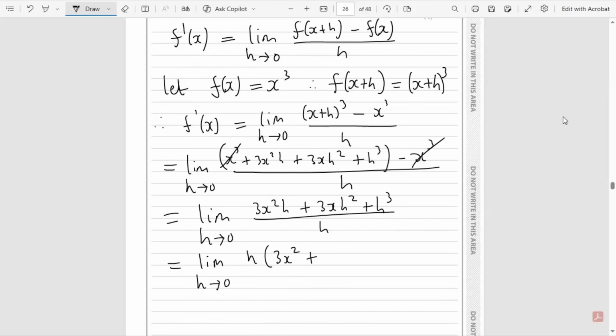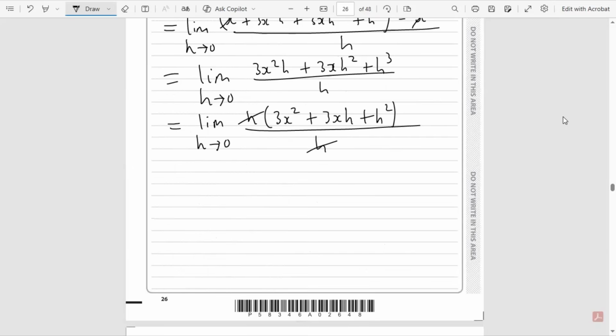So in the brackets, 3x squared plus 3xh plus h squared, close brackets, and then divide by h. And now we can cancel out the h there and there. Now then, we can write that this is the limit as h goes to 0 of 3x squared plus 3xh plus h squared, like so. Now, as h gets closer and closer to 0, well, this middle term there is just going to go to 0 because 3x times 0 is 0.